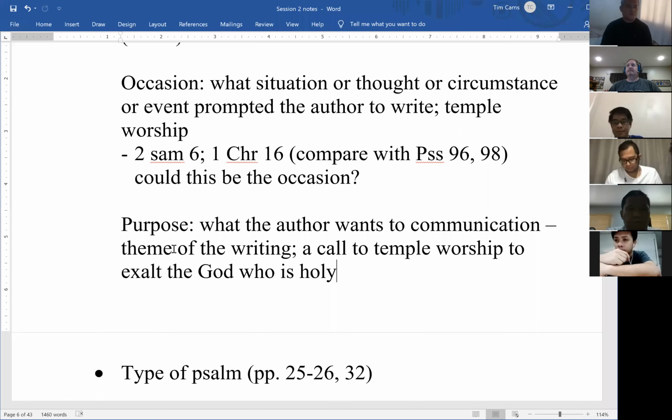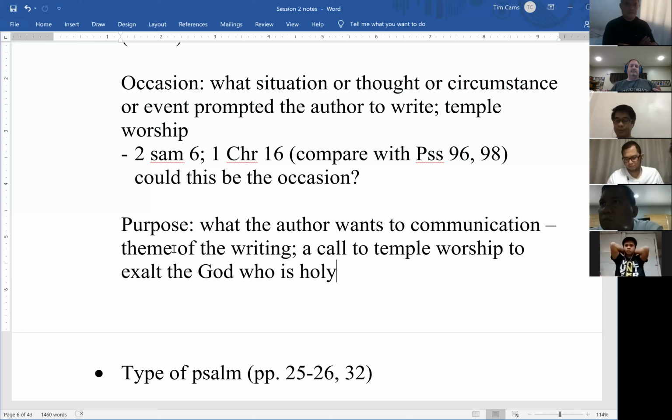Pastor Tim, yes. Can the genre, or some type, be placed under purpose or under occasion? If you say purpose, maybe the purpose is that the psalmist wants to express his lament, instead of putting it under occasion. So which is which? Honestly, it could connect to both. A psalm of lament is a general description, and it'd probably be more purpose, as I think about it, because the occasion is just what causes the psalmist to write.